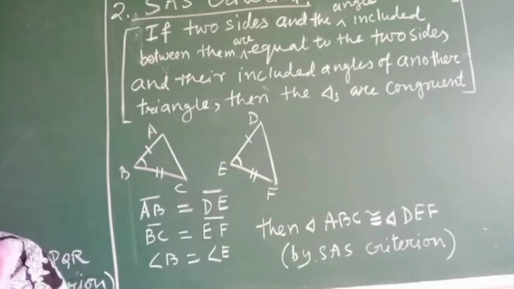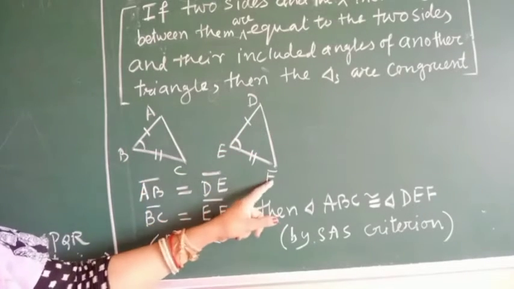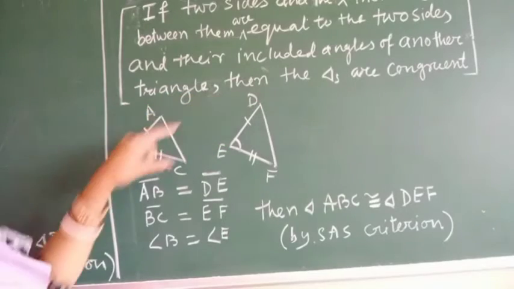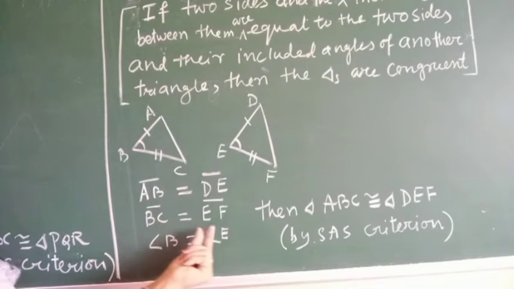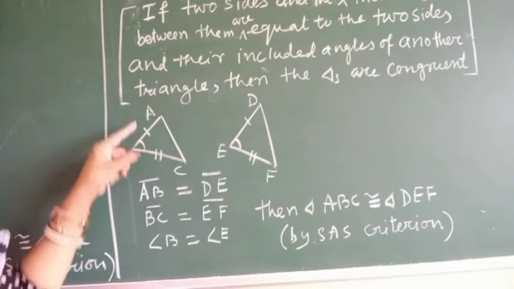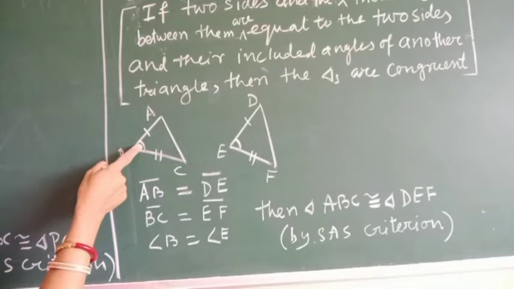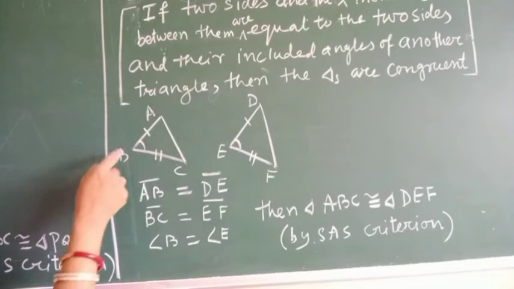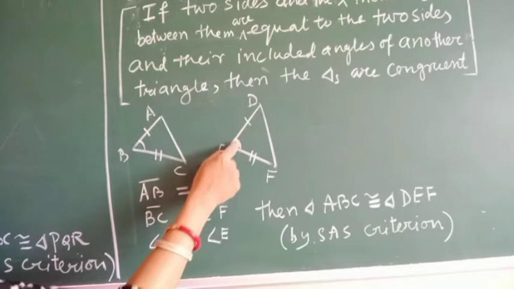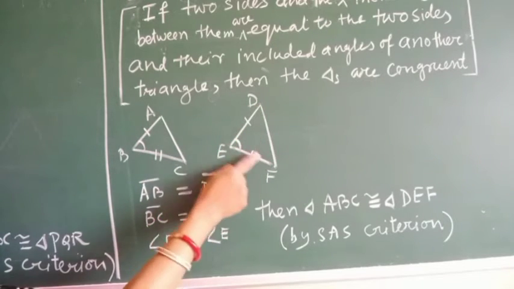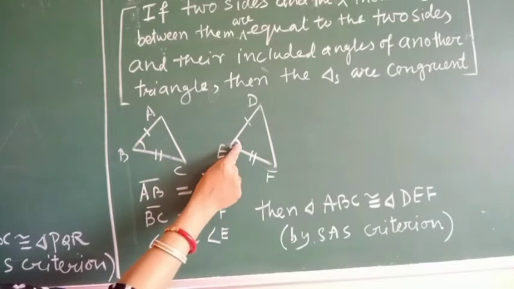Take as an example triangle ABC and triangle DEF. Say AB is equal to DE, BC is equal to EF, and the angle included between these two sides, that is angle B, has the same measurement as angle E. That means the two sides are correspondingly equal and their included angle is also equal.